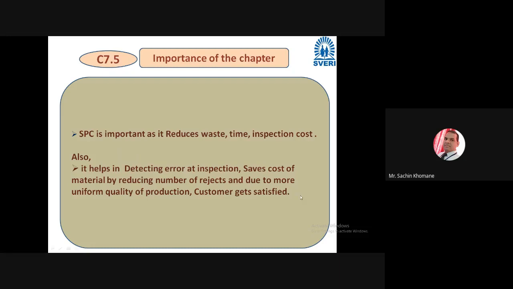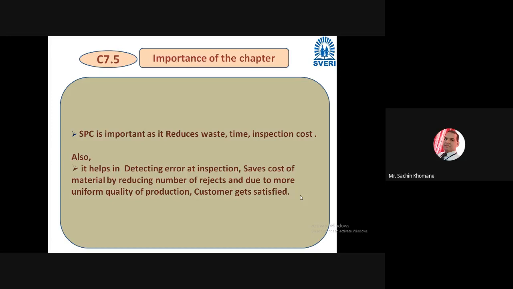Also, it helps in detecting errors at inspection. The SPC tool can also help in detecting errors at the time of inspection. So SPC's purpose is to inspect the product, right? It also saves the cost of material by reducing the number of rejections.